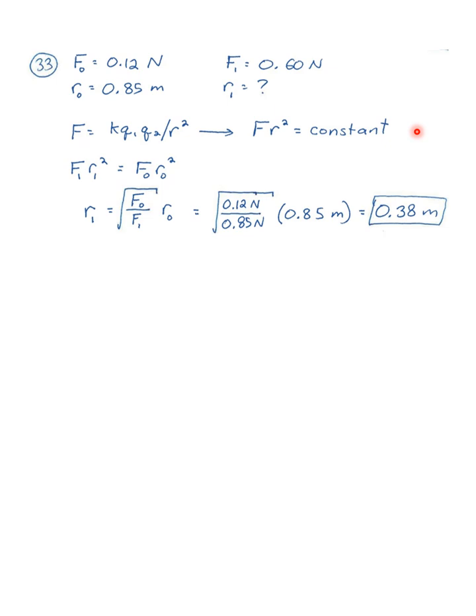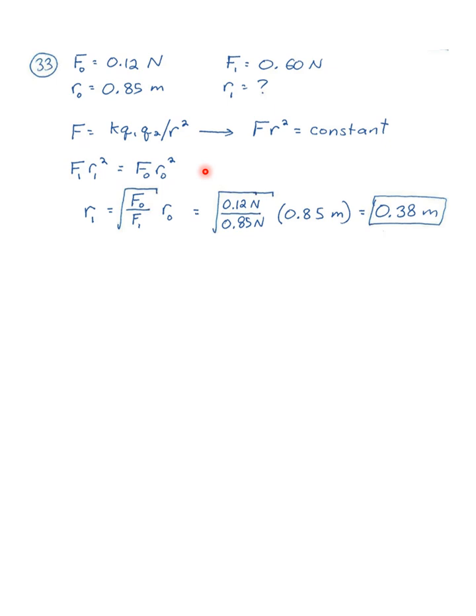So we've got F R squared equals K Q1 Q2. K Q1 Q2 stays on the right hand side, and we really don't care about those, so we're just going to say they are constant. F R squared equals some constant. And now that we know that relationship, let's come down here and say F1 R1 squared is F0 R0 squared.